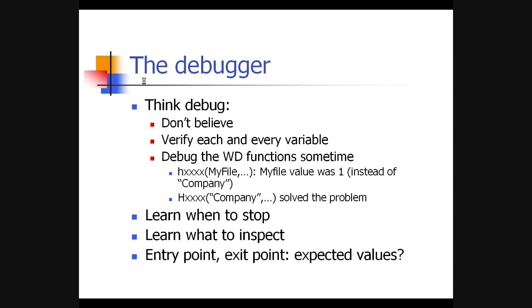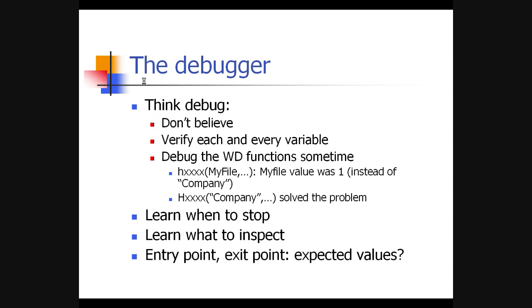So it's extremely important when you start debugging something and you use procedures, methods, subroutines, however you want to call them, to check at the entry point and the exit point, do you have the value you are expecting? If you don't have the value you are expecting at the entry point, then you know that something is wrong before that and you have to debug something else.